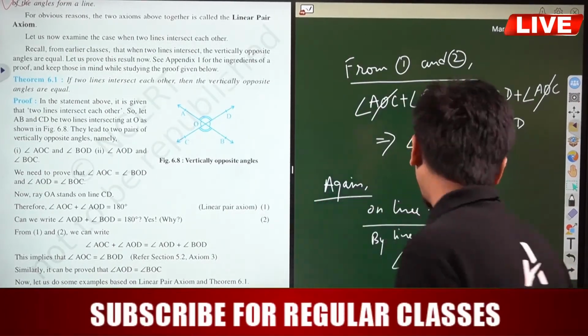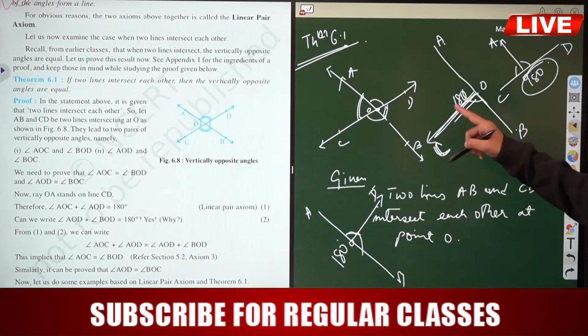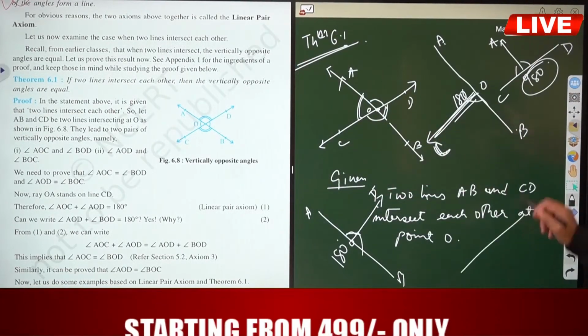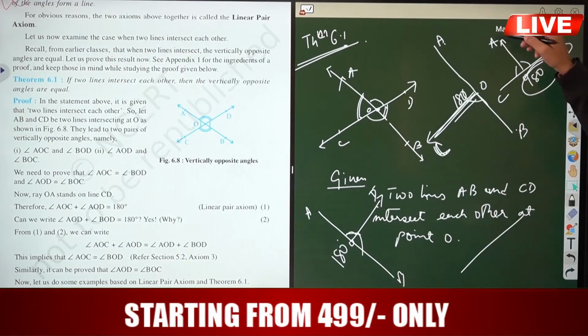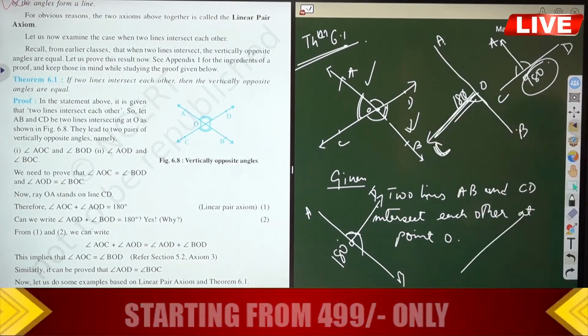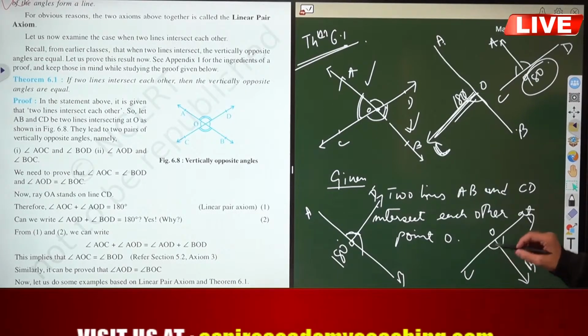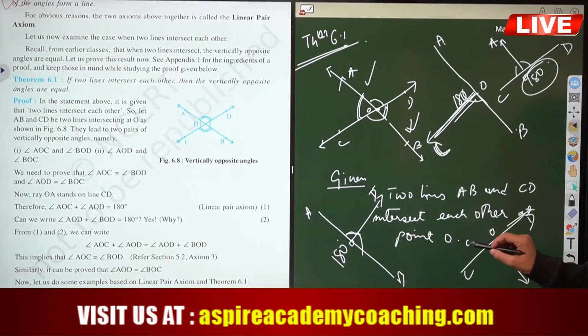Now again on line CD, this time we will take this part. So this is B, this is C and D, and this is O. They are adjacent angles and this adds up to 180 degrees.